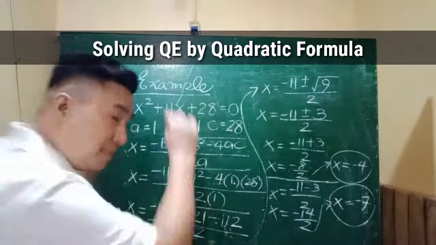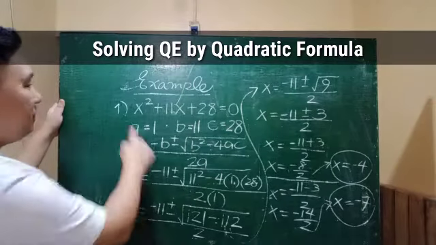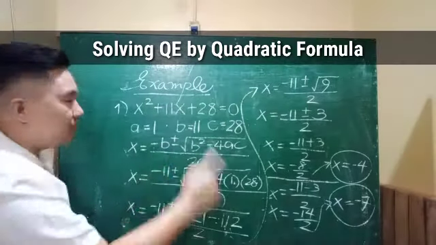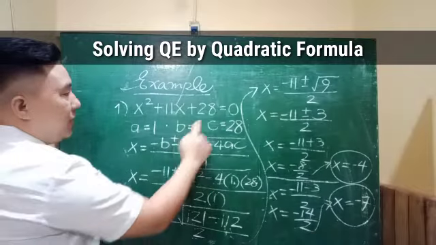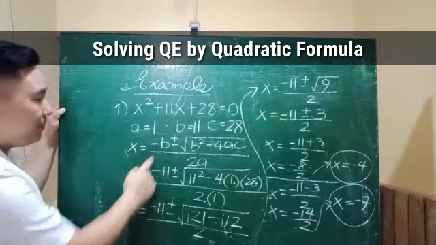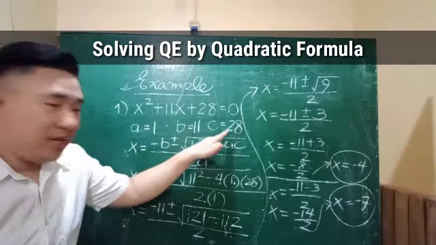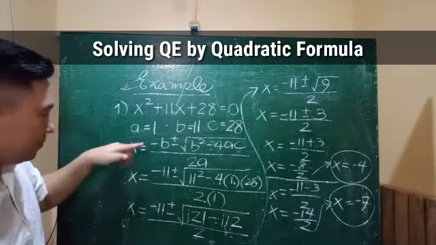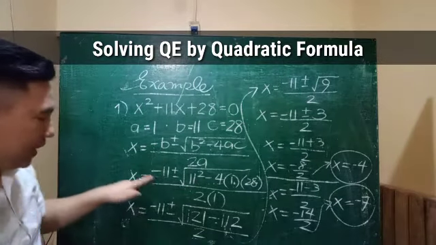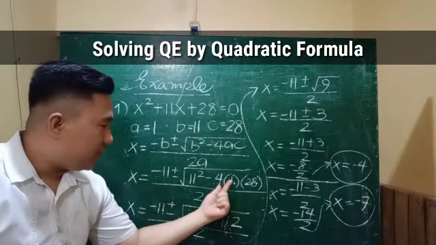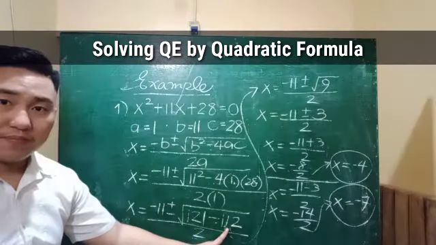So isang pasadang mabilis. Tingnan ko ha. From the given, dapat standard, values ng a, b, and c. Formula, i-substitute ang mga values ng a, b, c sa formula natin. So ito na yun. Next, ito yung multiply, 4 times 1 times 28, 112.